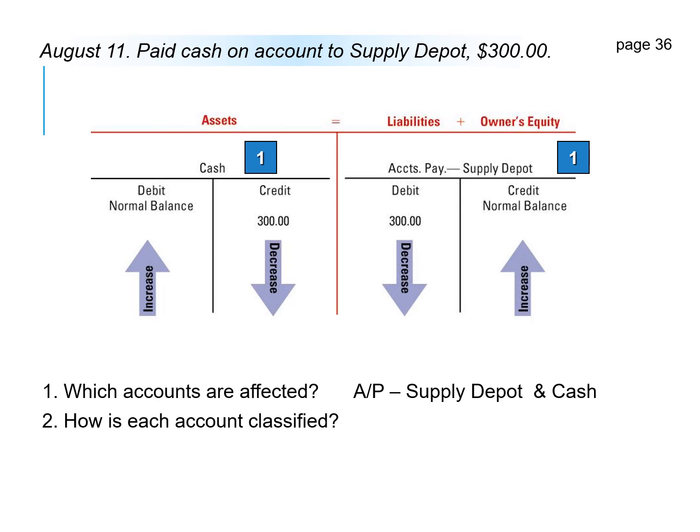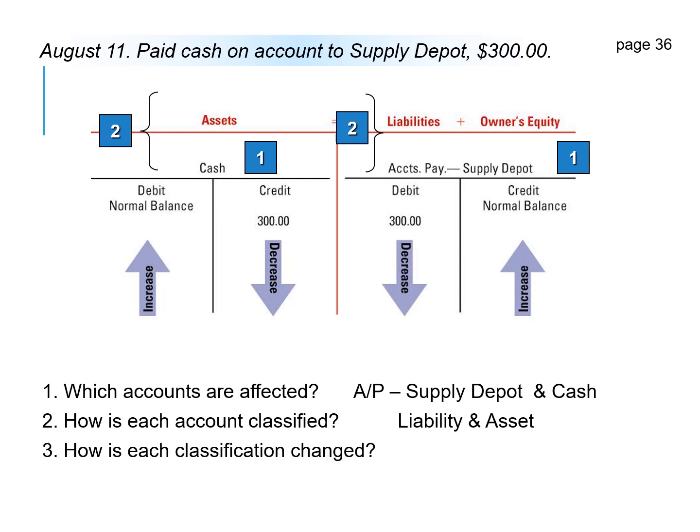We know that our accounts payable, Supply Depot, is a liability, and our cash account is an asset. How is each classification changed? Because we have incurred less debt, our accounts payable will decrease, and since we paid cash, we have less money, so our cash account will decrease.